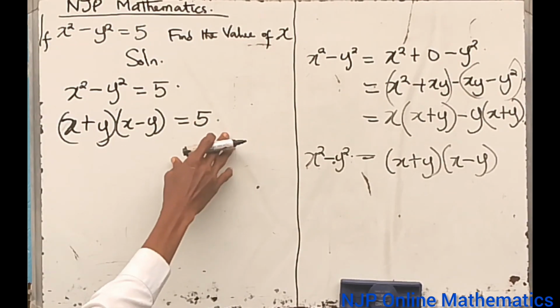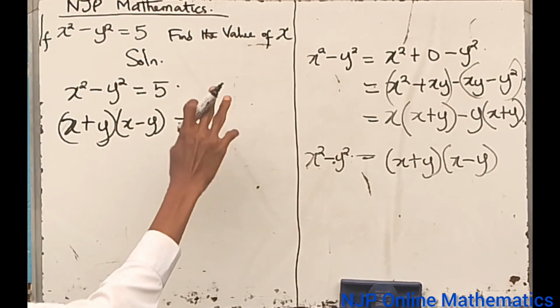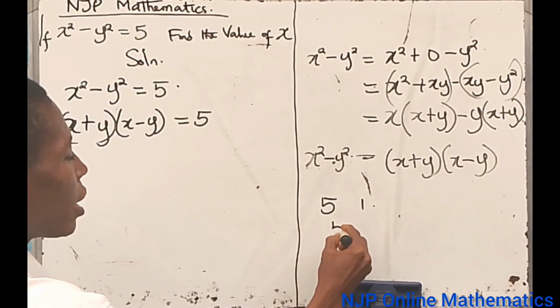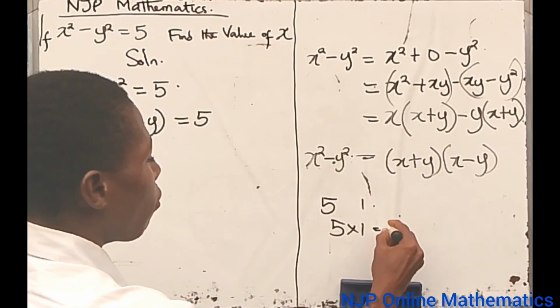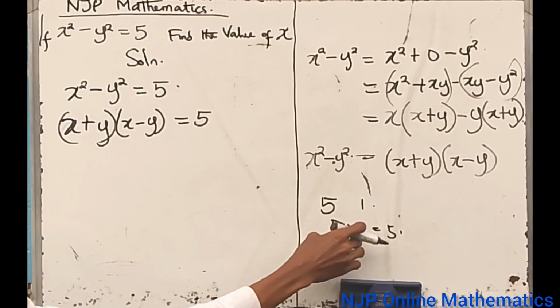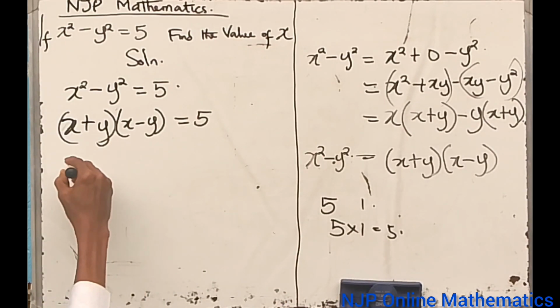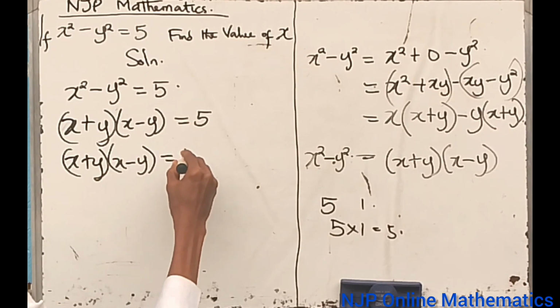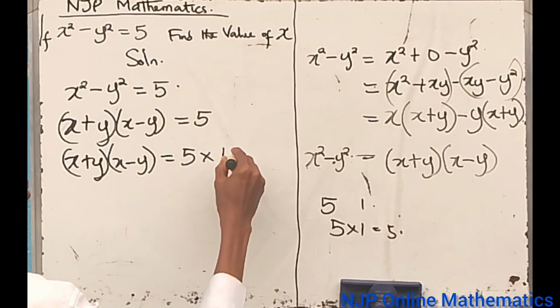We know that the right hand side has two factors, 5 and 1, and if we multiply them, we'll have 5. So let's substitute these factors there. x plus y on the left hand side multiplying x minus y equals 5 times 1.